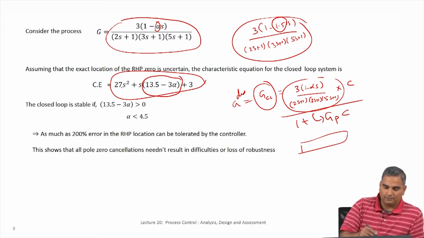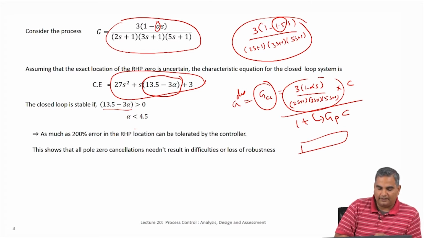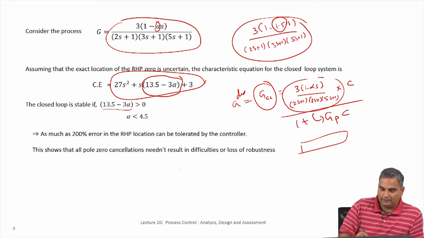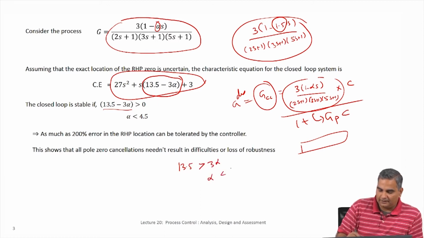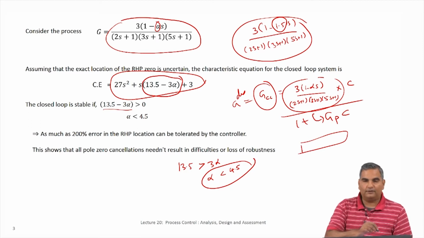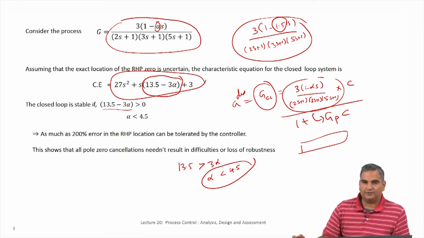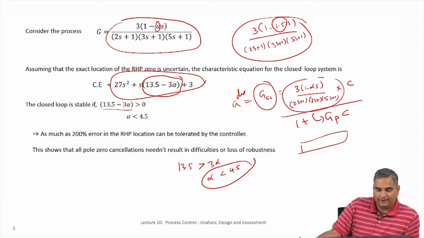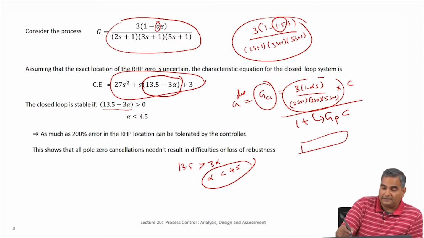Okay. So, for this to be positive, I should have 13.5 minus 3 alpha greater than 0. So, I could take 13.5 is greater than 3 alpha, that makes alpha less than 4.5. So, as long as alpha is less than 4.5, the roots of the denominator polynomial of this closed loop transfer function will all be in the left half plane and the system will be stable. So, what this basically says is if this were 4.5 and I still guess this to be 1.5, I will still be stable.